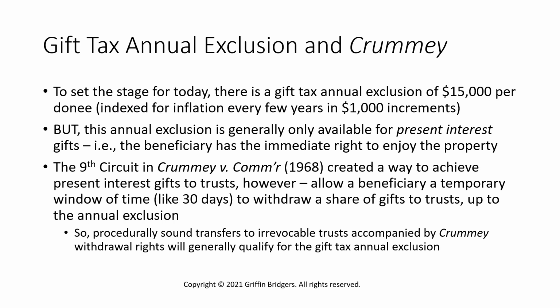So, to set the stage for today, I don't intend for this episode to be a primer on Crummey rights or the requirements for them, but generally the stage is set in that the gift tax annual exclusion is only available for gifts of present interest, which means the beneficiary has the immediate right to enjoy the property that's been gifted.